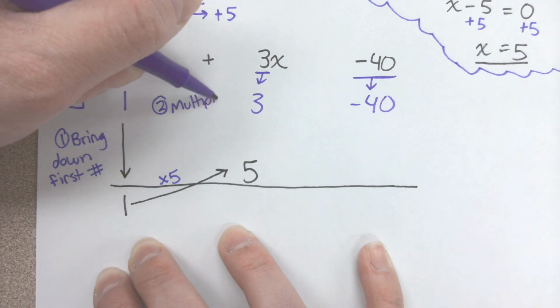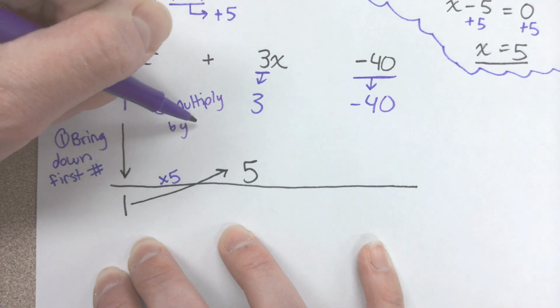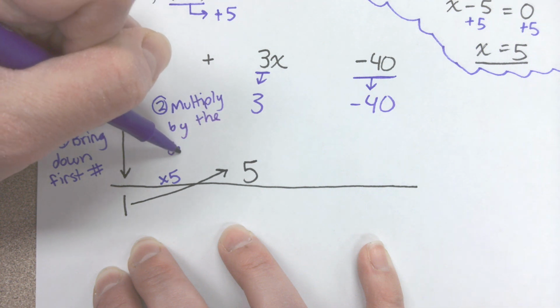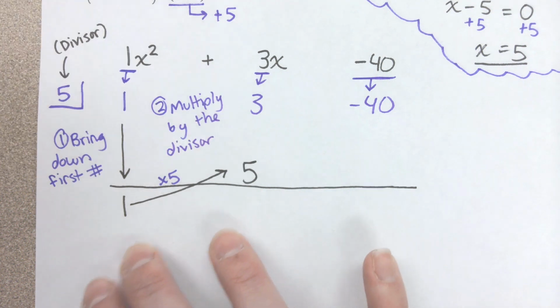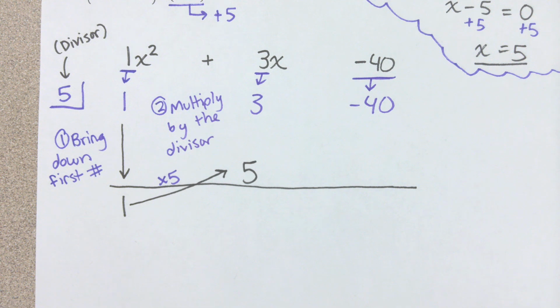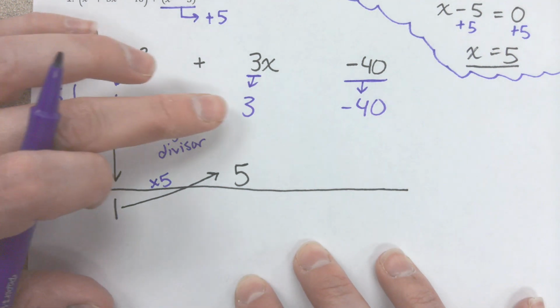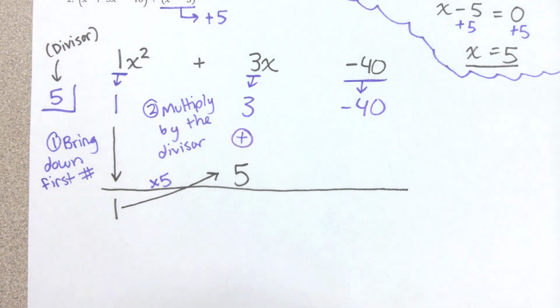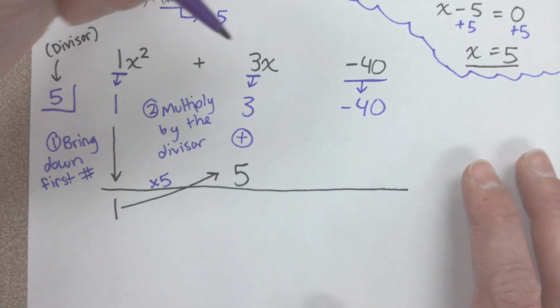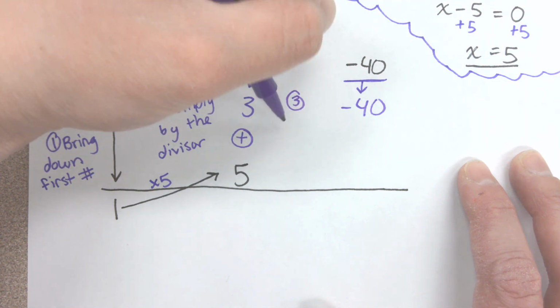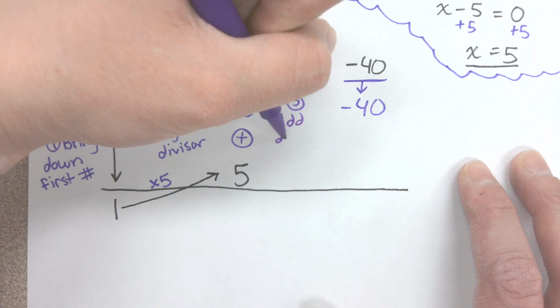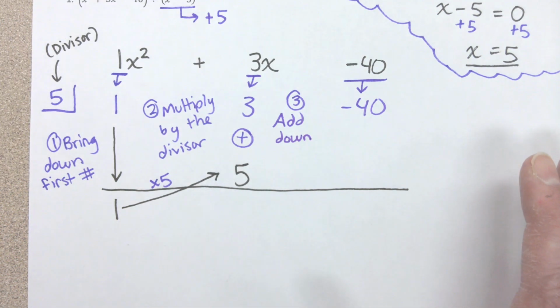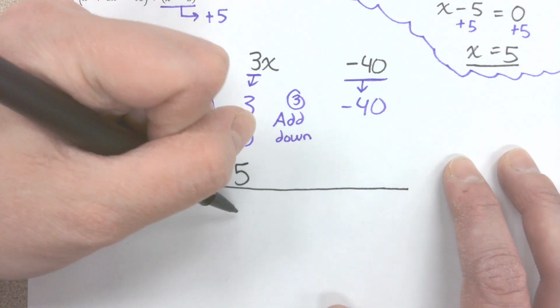Multiply by the divisor. Step 3, we're going to add down. So the 3 and the 5, we're going to add those. Step 3, add down. 3 plus 5 is 8.